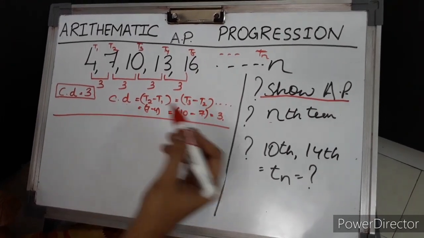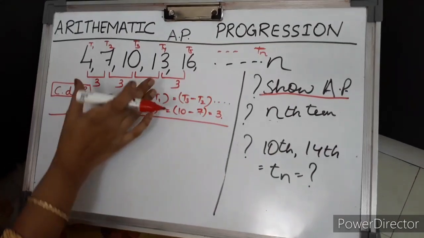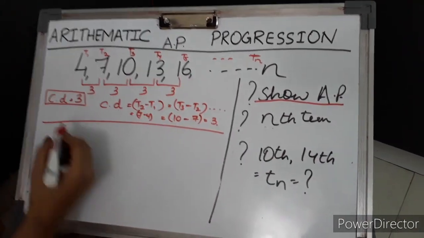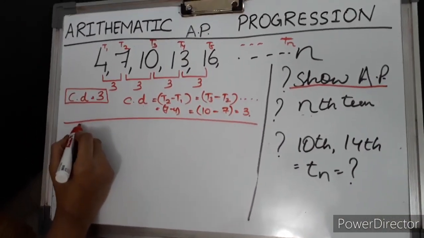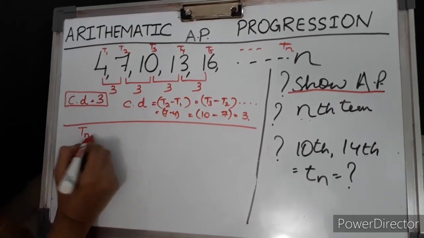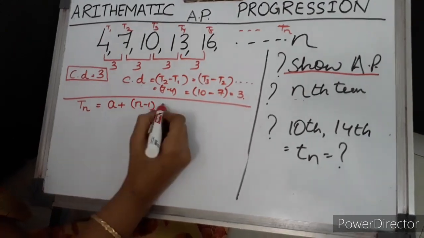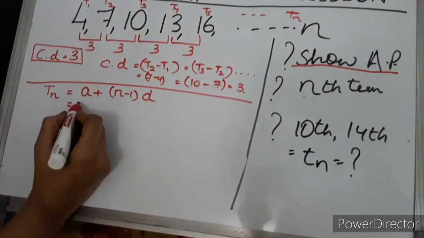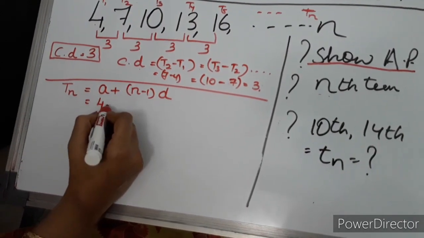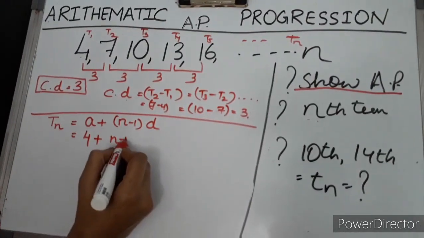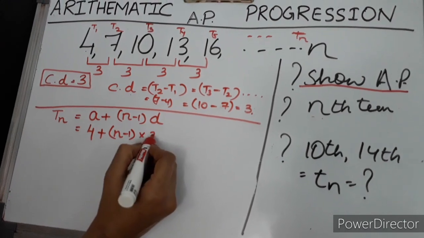Now the next question is the nth term. How do we find the nth term for this series? Previously we framed the formula Tn is equal to A plus (n minus 1) into D. We just put in the values: the first term A is 4, plus n, which we don't know, and the common difference is 3.